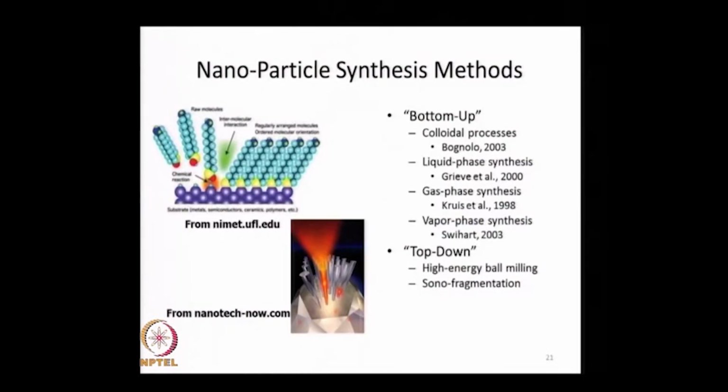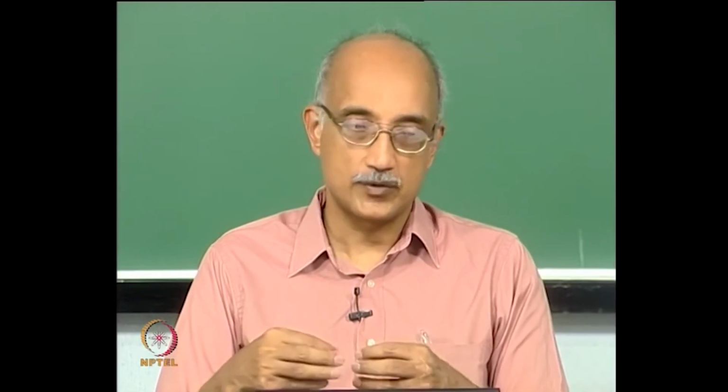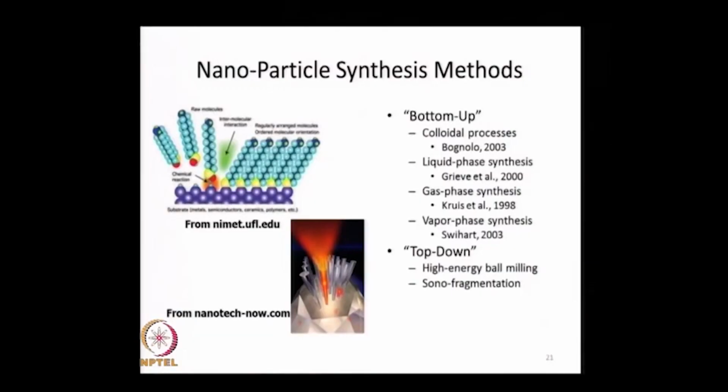in the sense that what you are doing is taking these atoms or molecules, causing them to interact both physically and chemically. So, by bringing these molecules together, you can take advantage of their cohesive properties to bind them together, but you can also take advantage of their enhanced reactivity to make them react in a certain fashion, so that the output that you get is regularly arranged molecules in ordered molecular orientation.